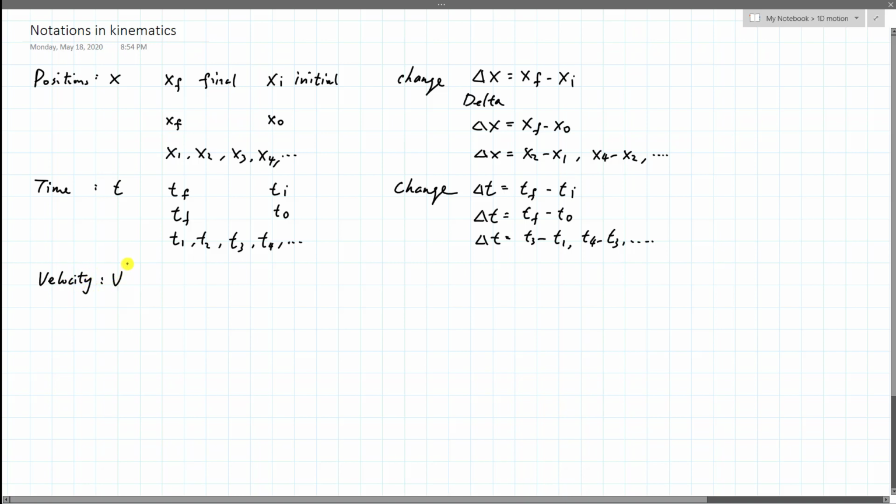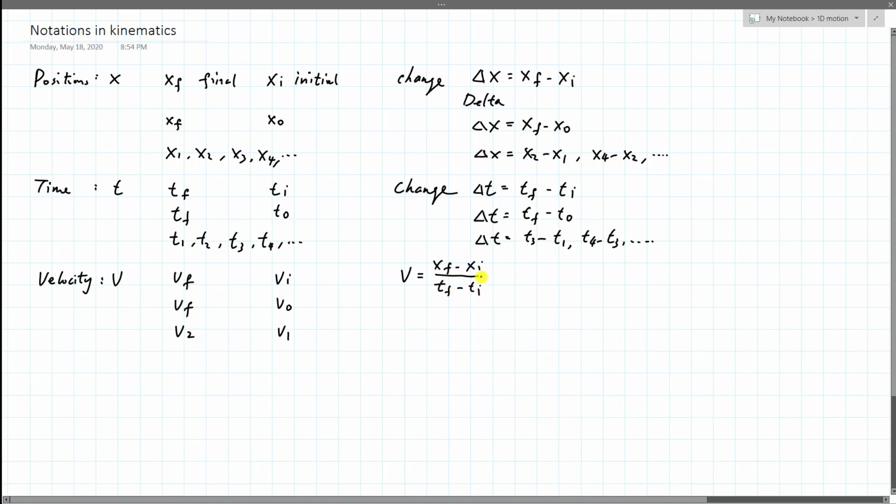if you define velocity here, there could be the same exact type of notation differences: v final, v initial, v final, v0, or maybe this time I'll just pick two of them, v2 and maybe v1. And the definition of v could be using the final and initial: x final minus x initial over t final minus t initial.